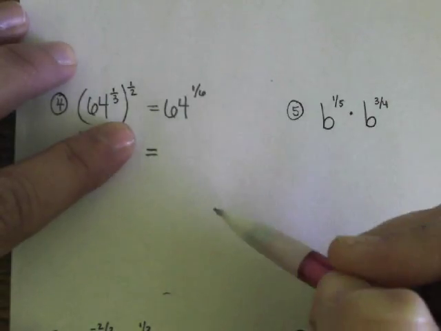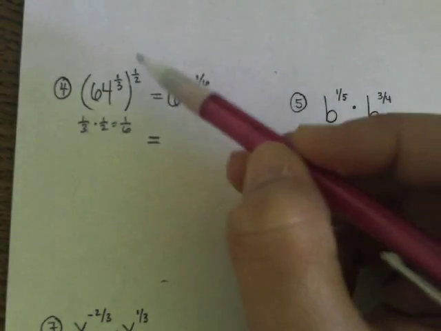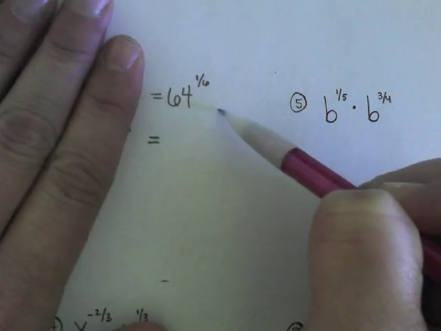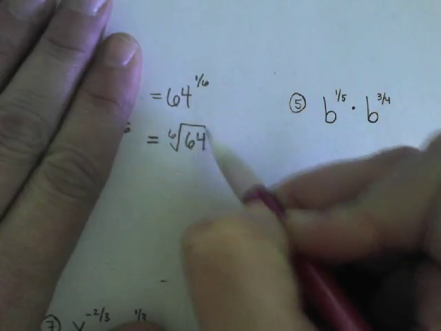The blank root, what's the root? The 6th root. Yes, I was looking at the wrong part. That's okay. 6th root. The 6th root of 64. We don't even need to the first power.